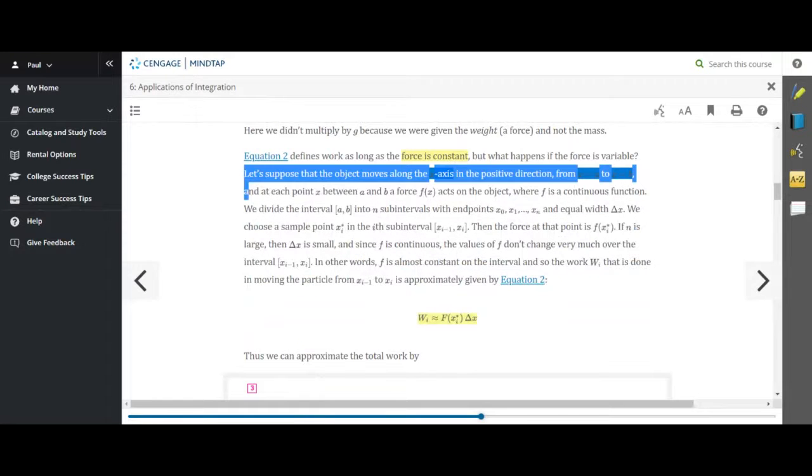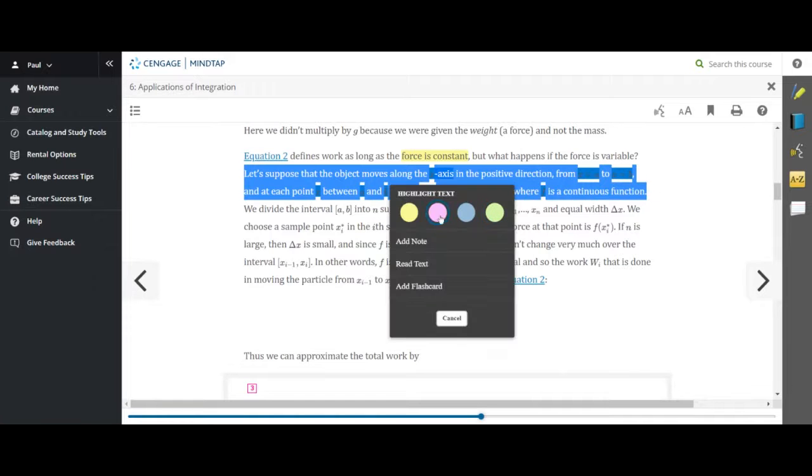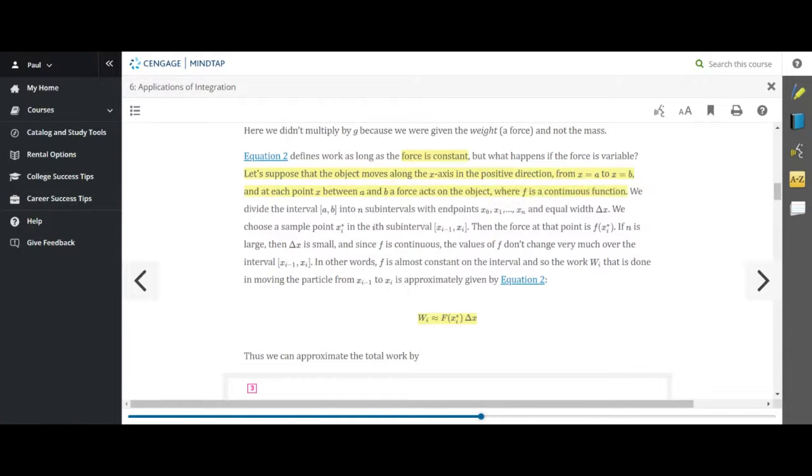Okay, so like I said, we're going to suppose an object moves along the x-axis in the positive direction from x equals A to x equals B, and at each point between A and B, there's a force that acts on the object. What we can do is what we've done similarly in the previous sections.